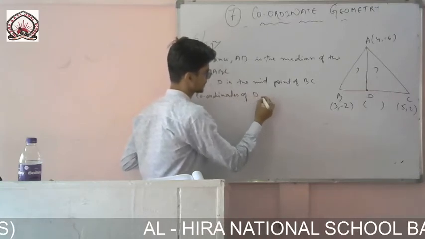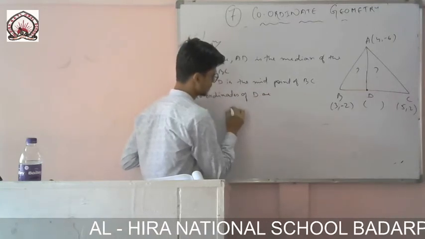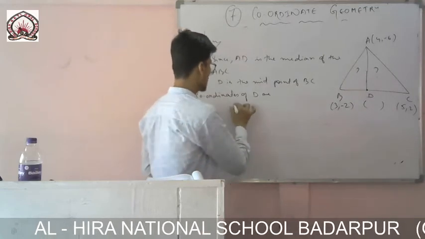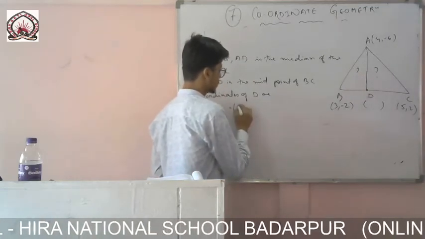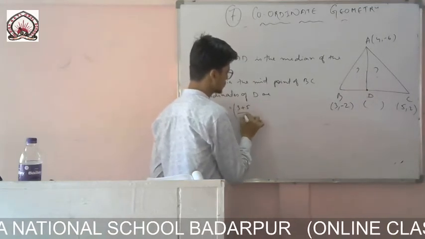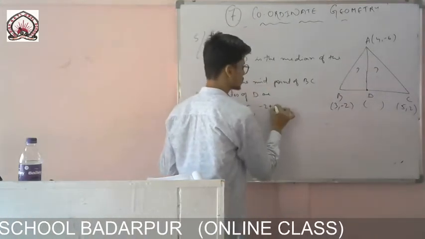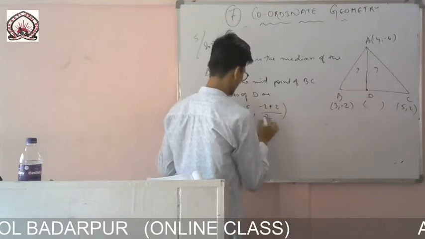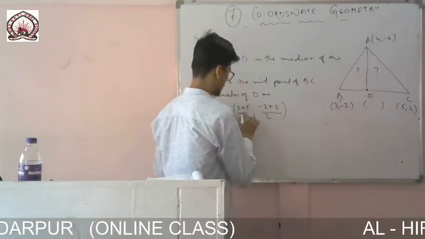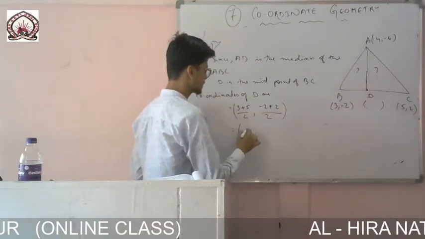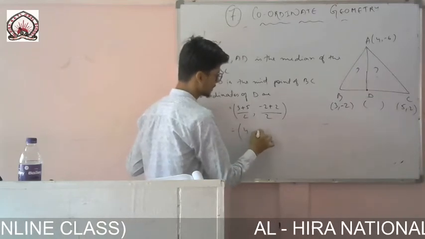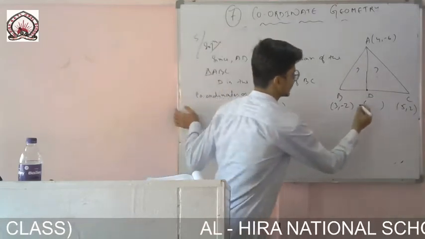Therefore the coordinates of D will be x1 plus x2 by 2, that is 3 plus 5 by 2, comma, minus 2 plus 2 by 2. It is very easy: 3 plus 5 is 8, so 8 by 2 is 4, and 0 by 2 is 0. So the answer is 4 comma 0.